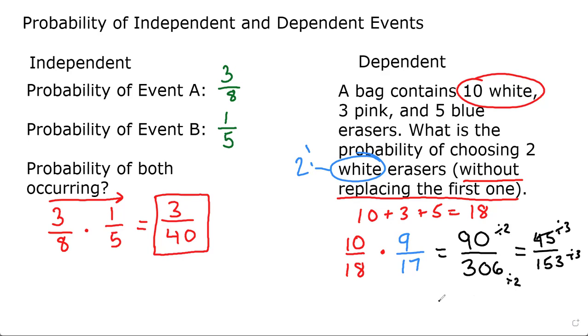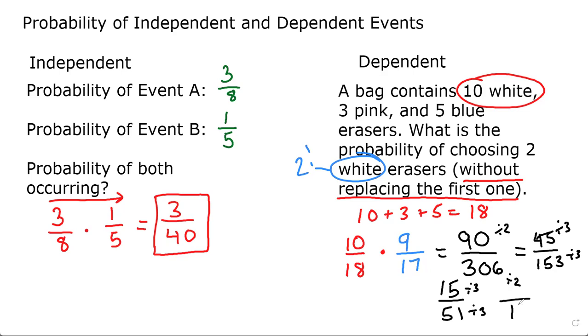I get 51 as my bottom number and 15 as my top number. And I'm pretty sure that 51 is divisible by 3. You're kidding. 51 divided by 3? Oh my God, it's 17. Wow, this kept going and I did not realize that.